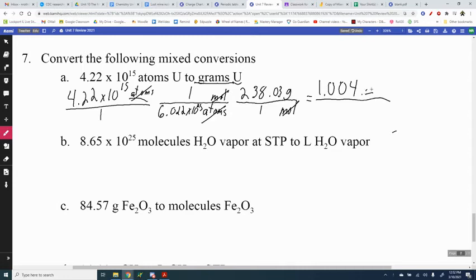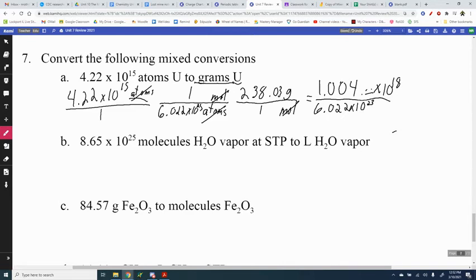Oh, that's supposed to be a dot, dot, dot, times 10 to the, oh man, my pen is not working correctly right now. Times 10, there we go, to the 18th. And then on the bottom, we have 6.022 times 10, oh my gosh, to the 23rd.